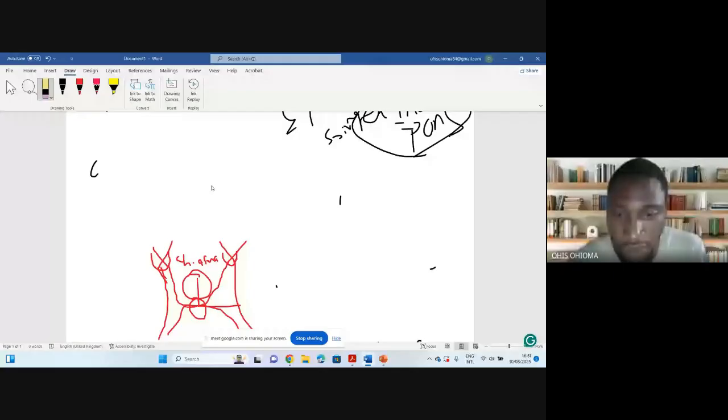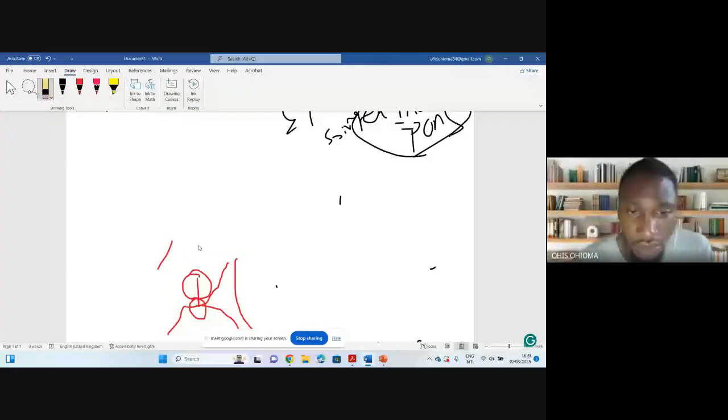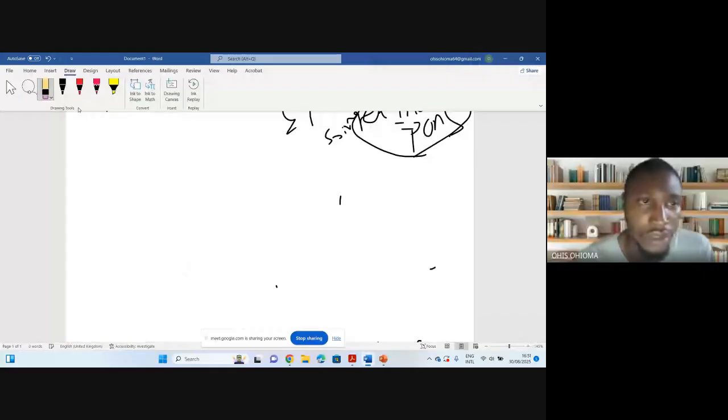So the next one we're going to talk about is the childhood tumors. The mnemonic I made for it is very simple, so you can always remember it. The mnemonic is called PACE-MED.